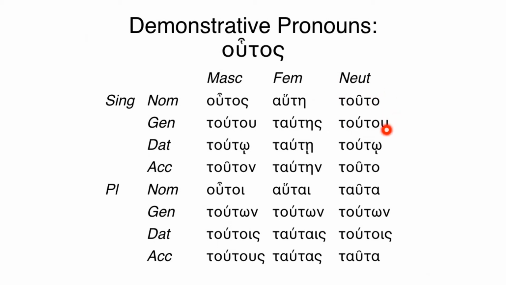The endings are derived from our standard word for the neuter second declension formation, ergon, with the exception that the nominative singular and accusative singular forms have dropped the nu. So whereas it's ergon, ergu, ergo, ergon, this is tuto, tutu, etc.